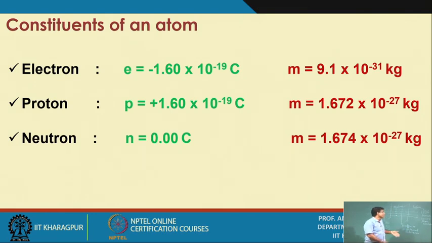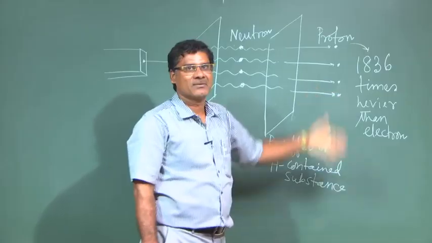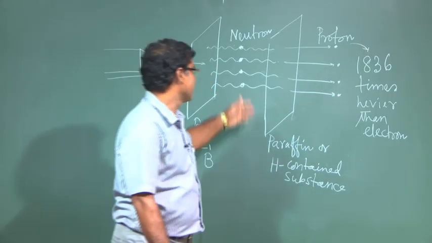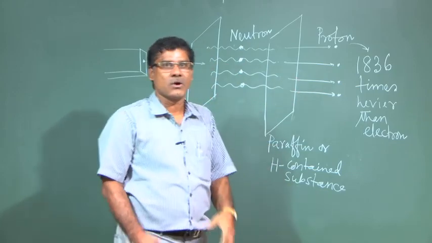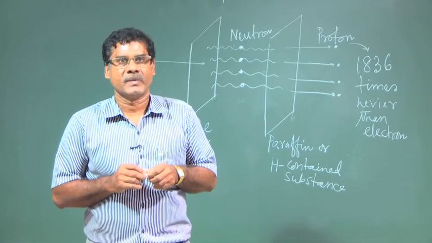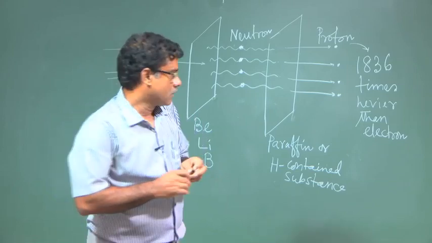So, you can see how long it took to discover these constituents of an atom, right. It was still up to 1930 that the neutron was not known. Okay. So, it is nice.